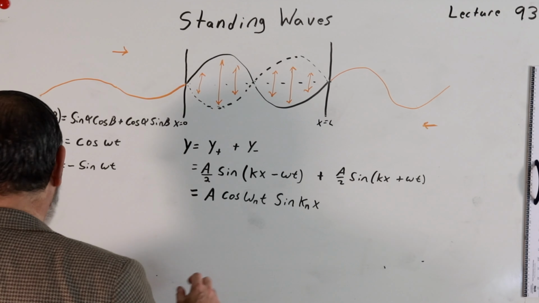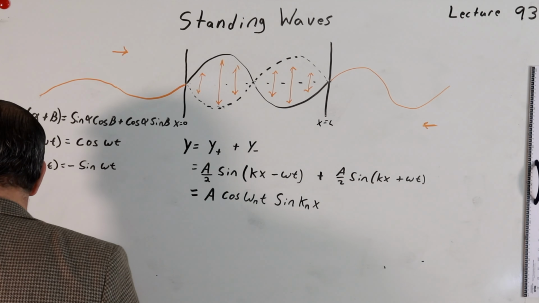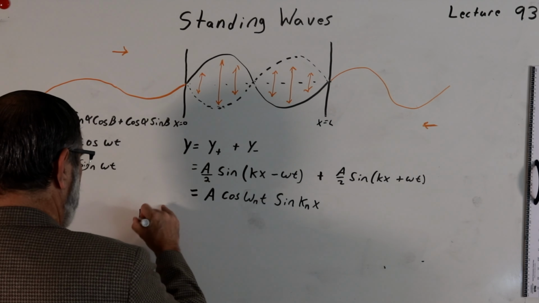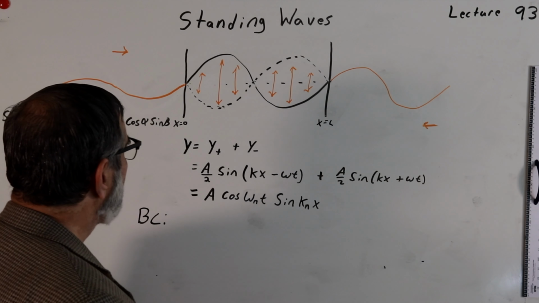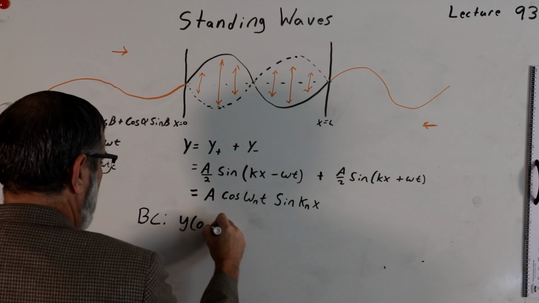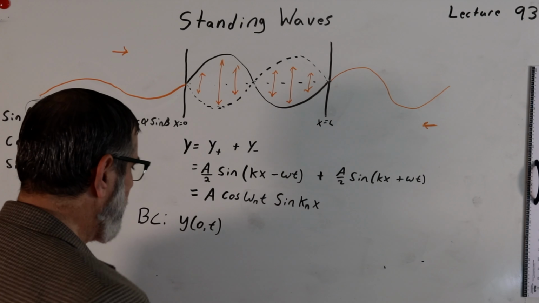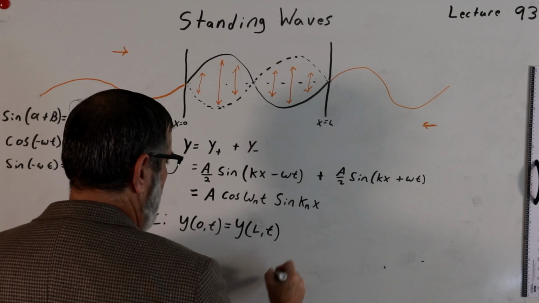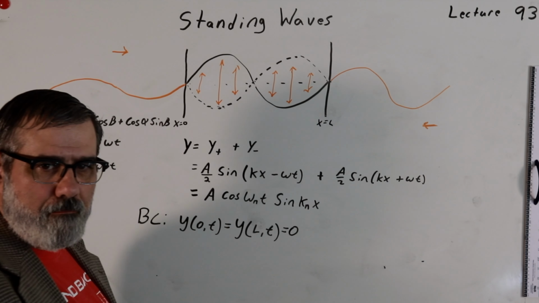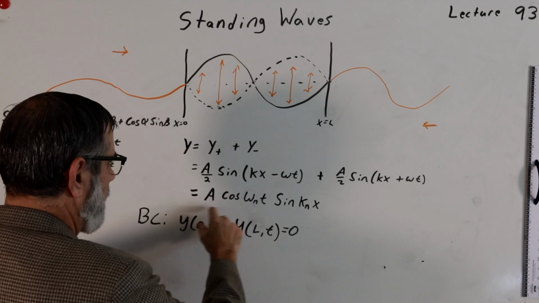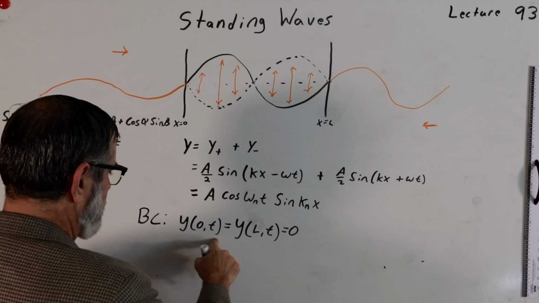So let's now set the boundary condition for this. So what does a boundary condition mean? It means, so BC for boundary condition. We know that y at 0, comma t, any moment in time, and y at L at any moment in time have to be equal to 0, right? So if I look at, say, this portion of it, cosine omega t, let's look at the first boundary condition.